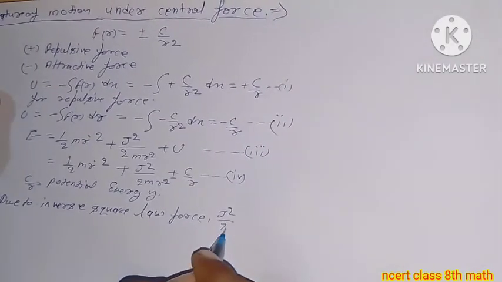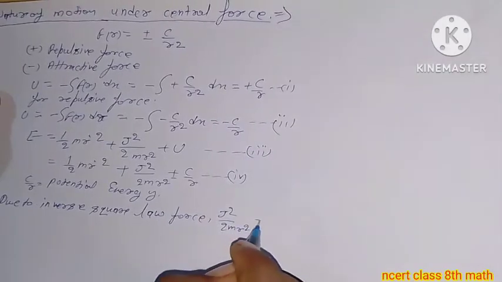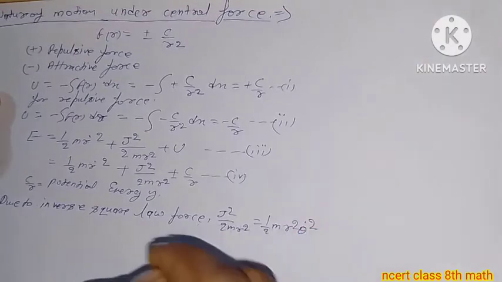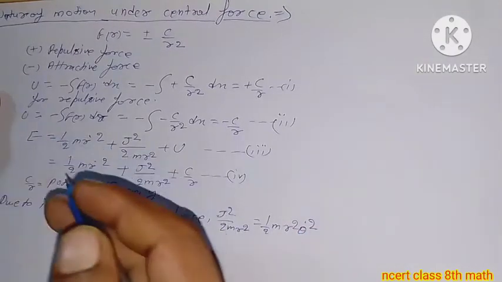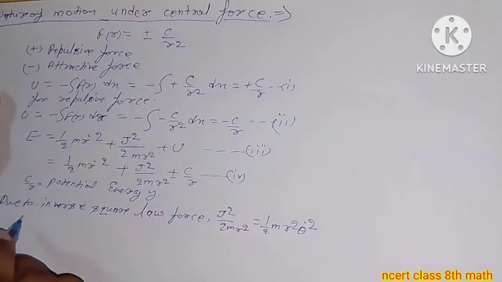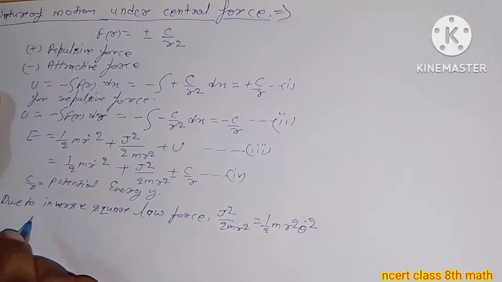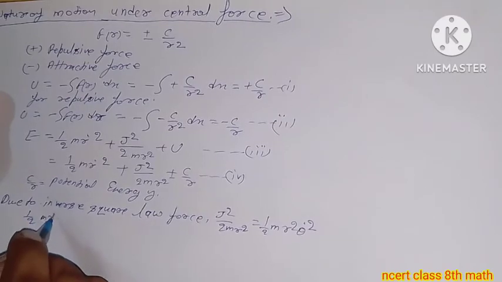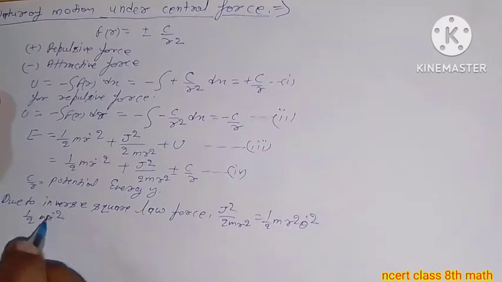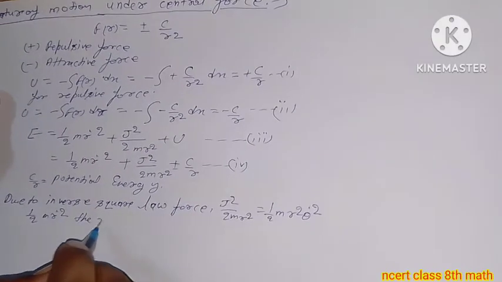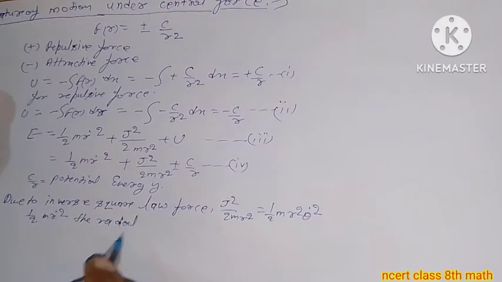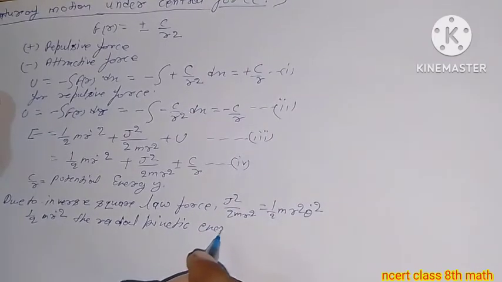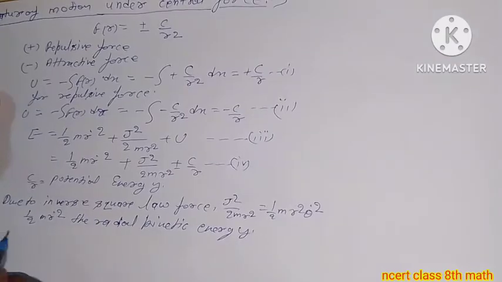J square upon 2m r square equal to 1 upon 2m r square (dθ/dt) square is the potential energy associated with the centrifugal force, and 1 by 2m (dr/dt) square is the radial kinetic energy.